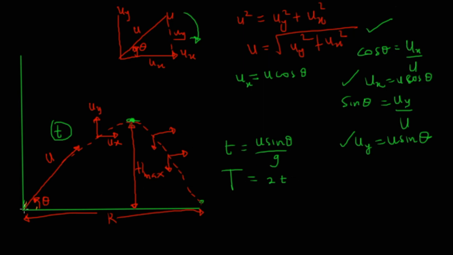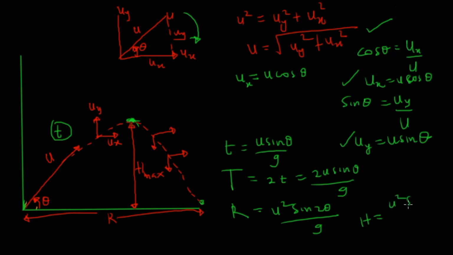The time taken from this point to this point is the same as the time taken from this point to return to this point. So we have 2u sine theta upon g. Also, the range, which is the horizontal distance, is u squared sine 2 theta over g, and the maximum height is u squared sine squared theta upon 2g.